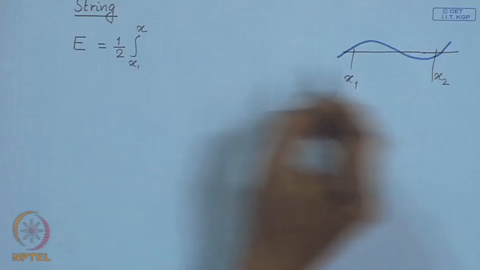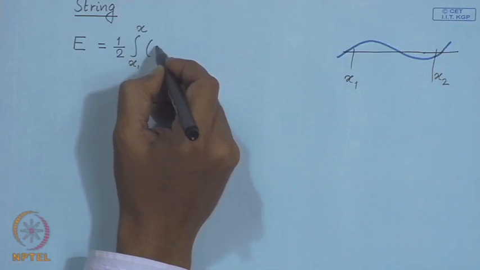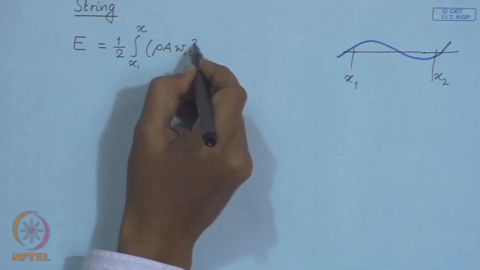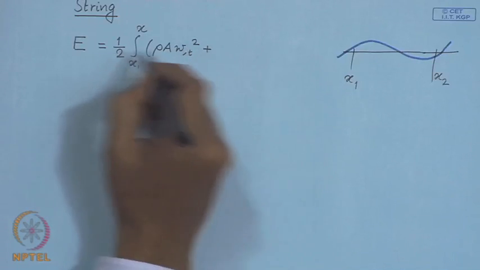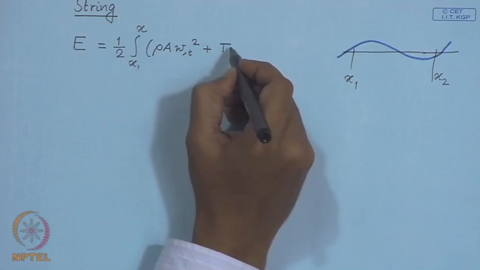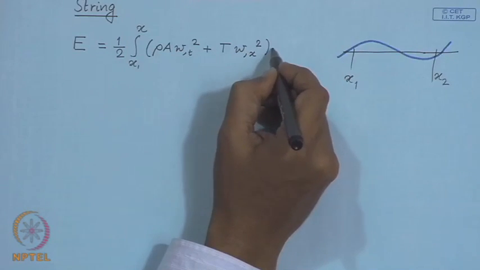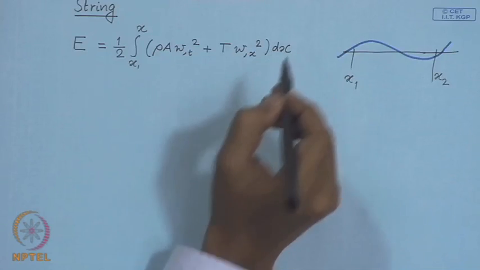So, this consists of the kinetic energy, and I have put this half common outside, and this is the potential energy.